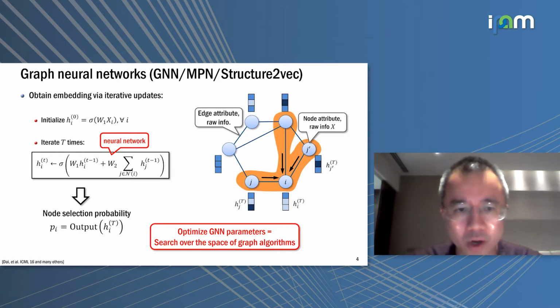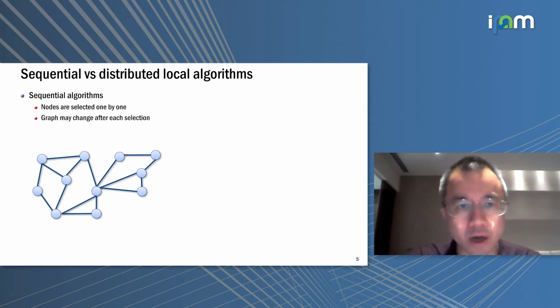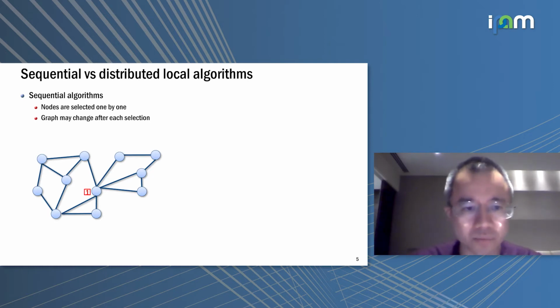Actually, using graph neural net, one can design two types of algorithm. One type is sequential algorithm. In this case, you use graph neural net to parameterize the node selection probability. But when you are using this graph neural net based algorithm, you're going to sequentially select the nodes. For instance, in the first step, you select this particular node using the graph neural net parameterized selection probability.